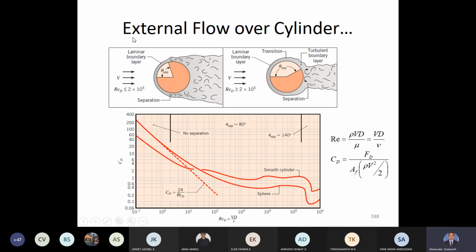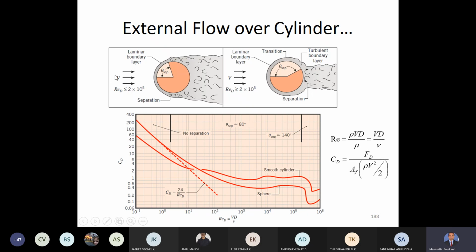So you can see here, let us say this can be a spherical object or a cylindrical object. The behavior is similar. So here we have external flow over a cylinder. You see there is a flow taking place with the Reynolds number less than 2 multiplied by 10 power 5. So this is a kind of laminar flow.